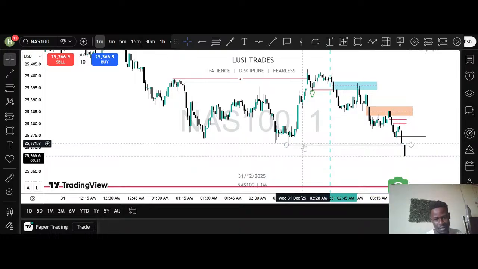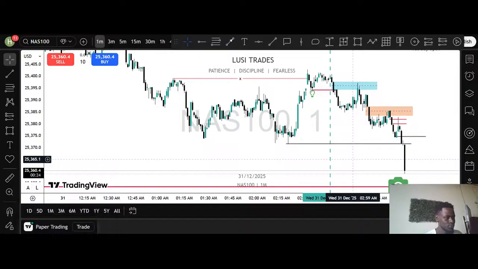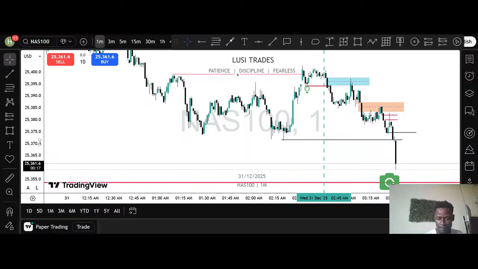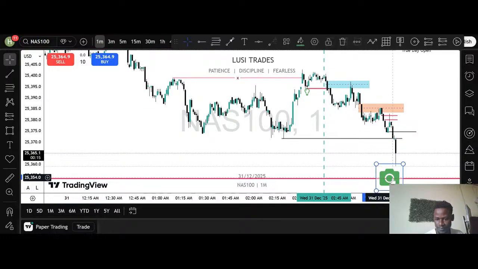So once we've traded below this low, yeah, now I like that push. So now let's go fill that gap, then see what price has for us.